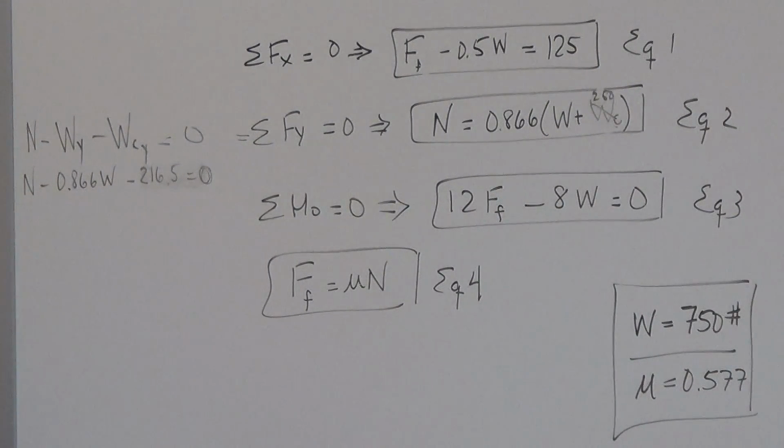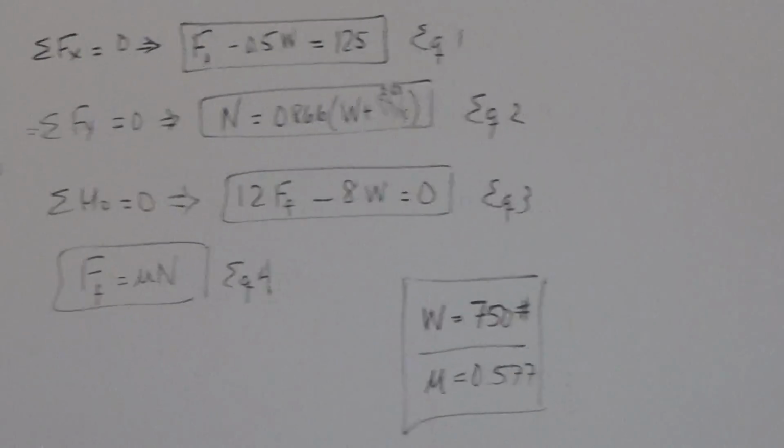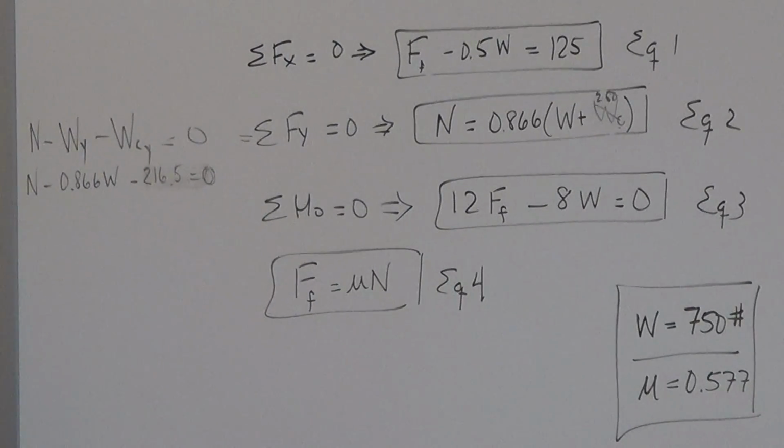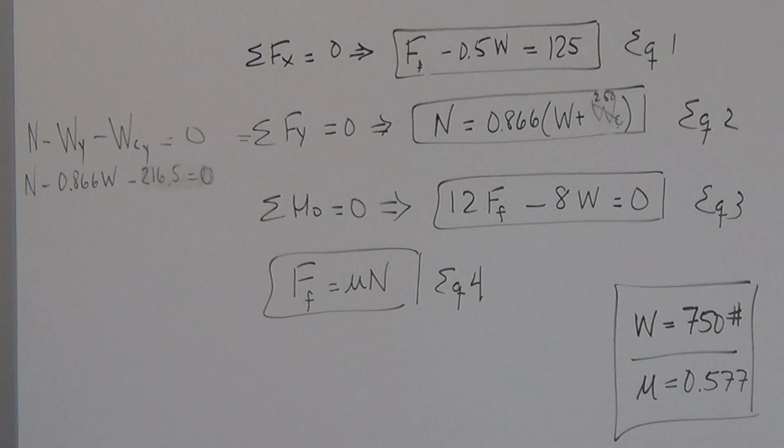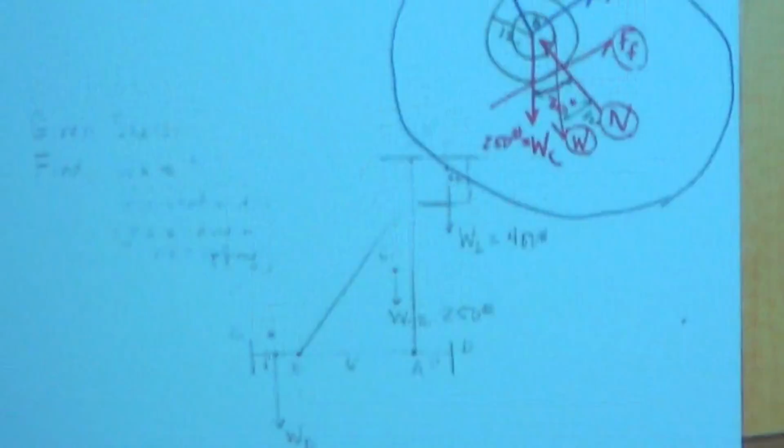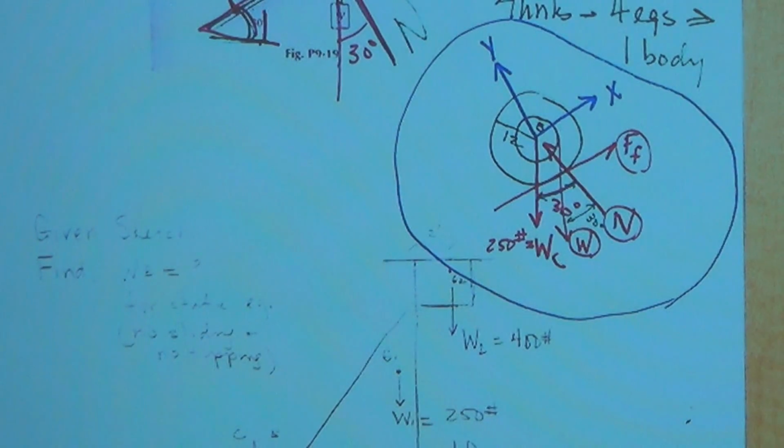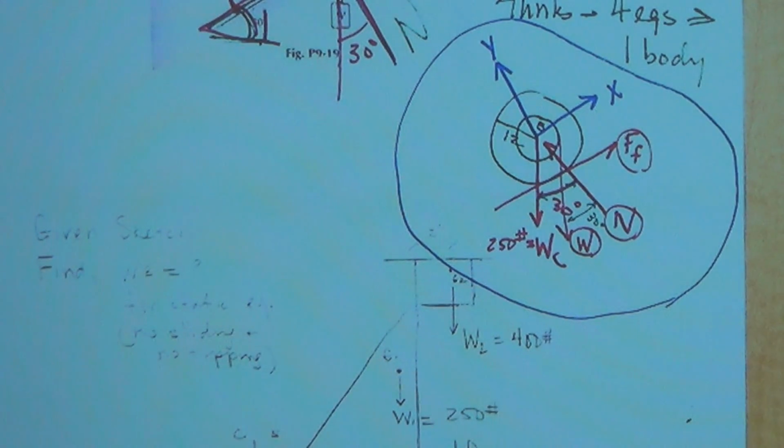Okay, so what is this telling us then? We're up to Uriah. So when W is 750 pounds, what happens? Does it move? No, but if it was just slightly more, it would move. Okay, well, let's look at where W is.